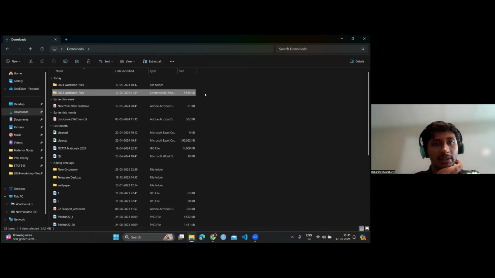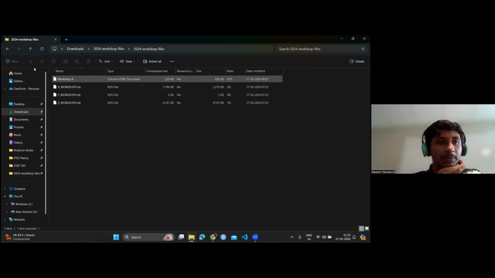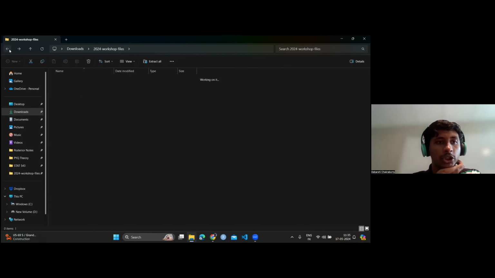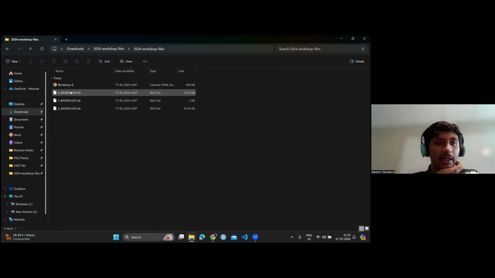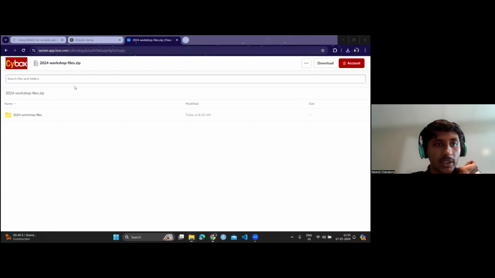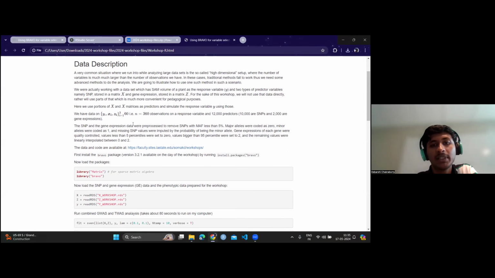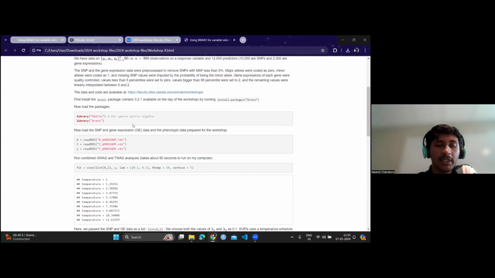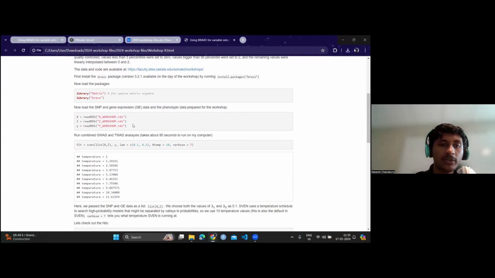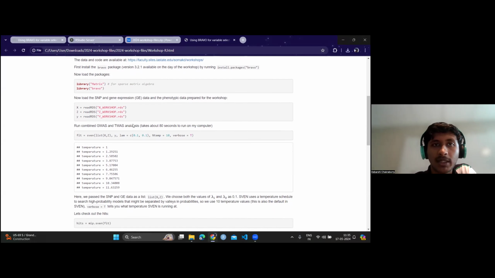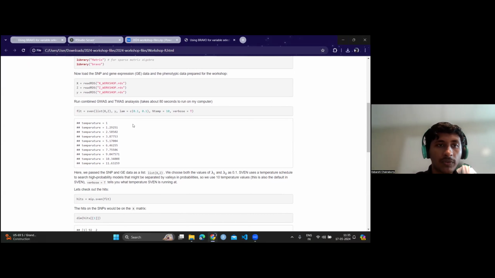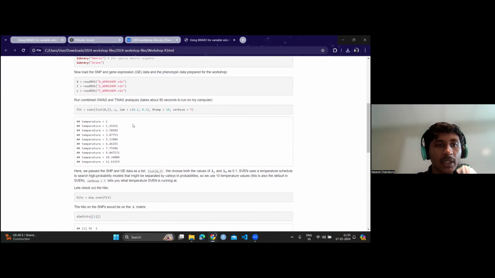So you can just extract the files from this zip, and you should get 4 files there. One is an HTML file in which the data description, briefly the method, and the R code is completely written along with the output, which we try to make as self-explanatory as possible so that you don't face any difficulty when you look it back.